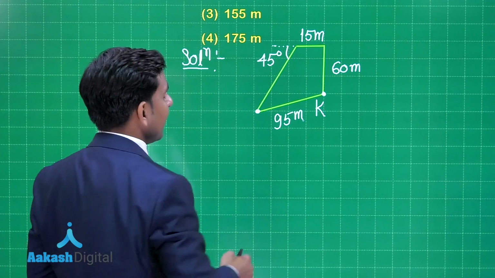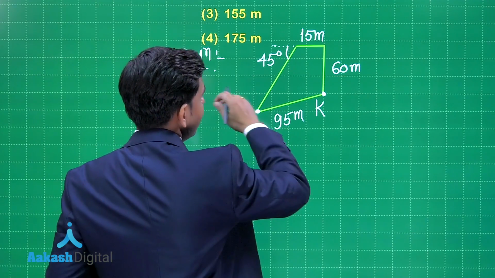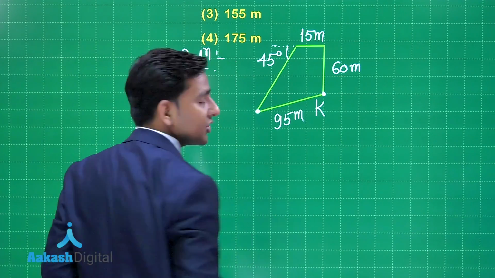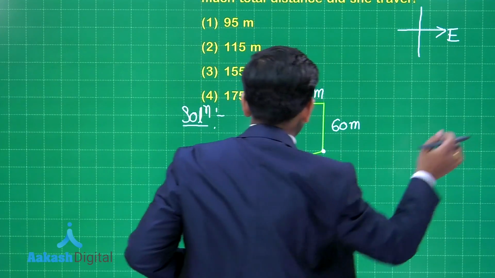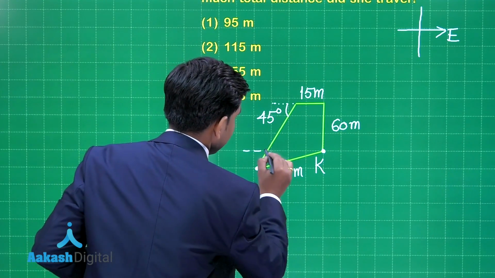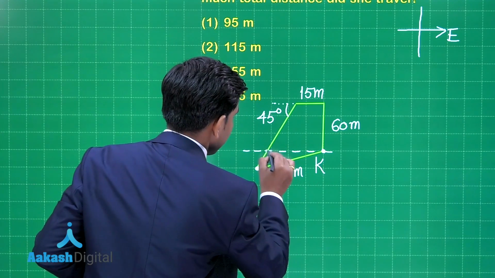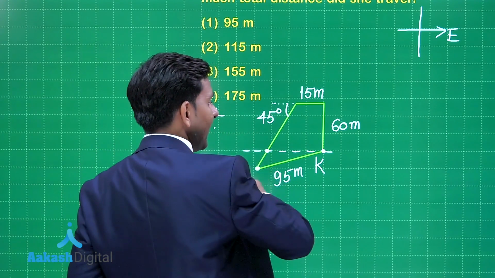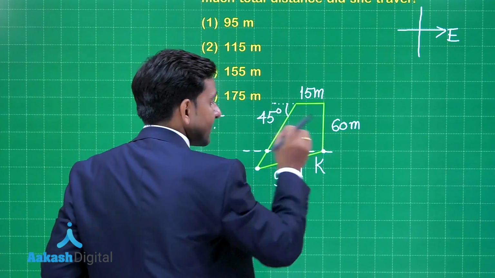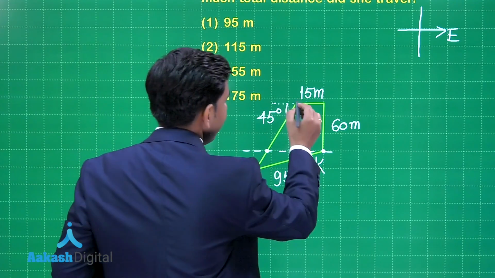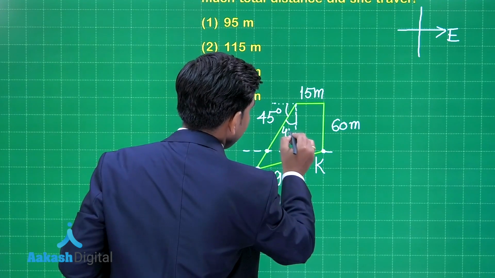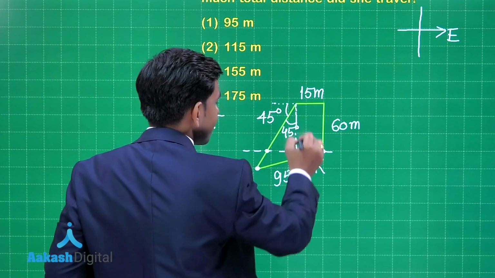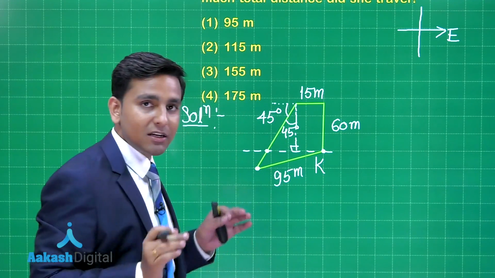Clear? We can't take this point on the line passing through this initial position. Why? Because if we consider such a thing, when this point is on the line that contains this initial position K, and when we draw a perpendicular from this point, this angle will also be equal to 45 degrees. That means this right triangle is forming an isosceles triangle.